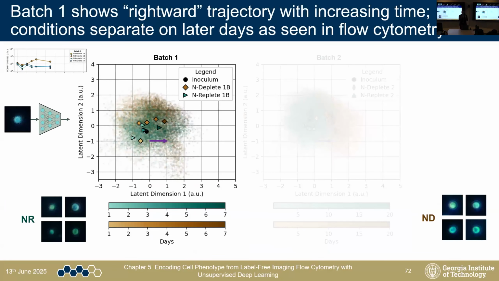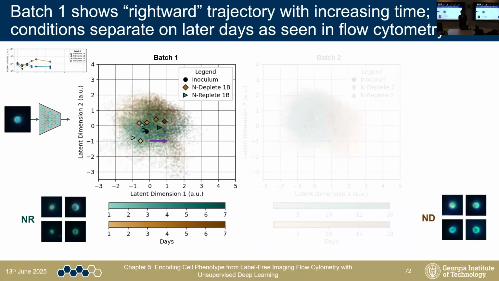Okay, so batch one. The workflow is we take the images, we run them through the encoder, and this is that low dimensional representation, basically an XY coordinate. After we train the model and we put batch one through this, we see a pretty diffuse cloud. The points are labeled by what sample they came from. Immediately we can see there's a lot of noise, but there's a little bit of structure to it.